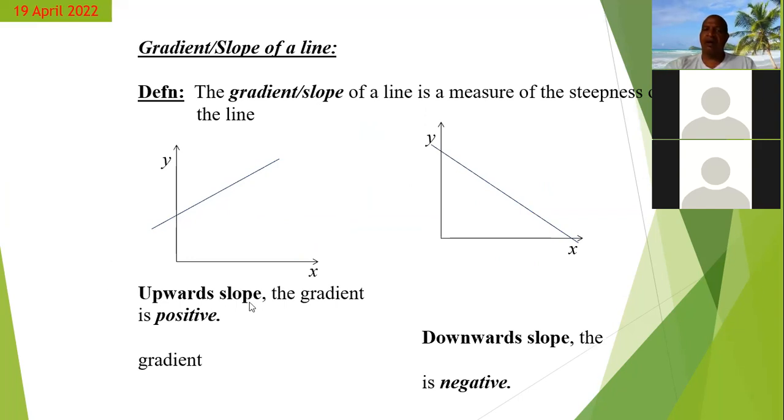So if you're moving from left to right and you're sloping upwards, when you calculate this gradient, you will get a positive gradient. That means your value is going to be positive.